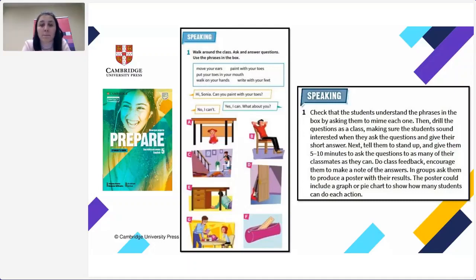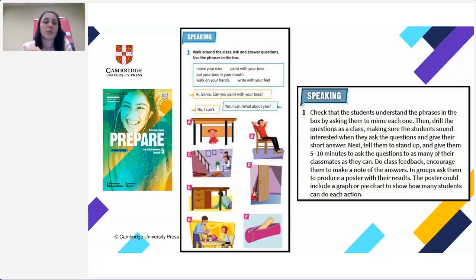First of all, I'd like to draw your attention to the point that speaking activities in this book, different ones, are not only the pictures and the description of a task for our students.